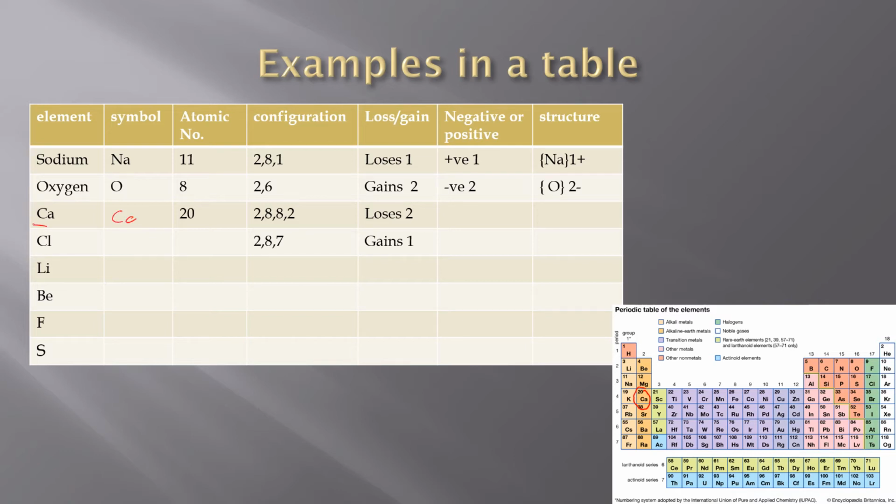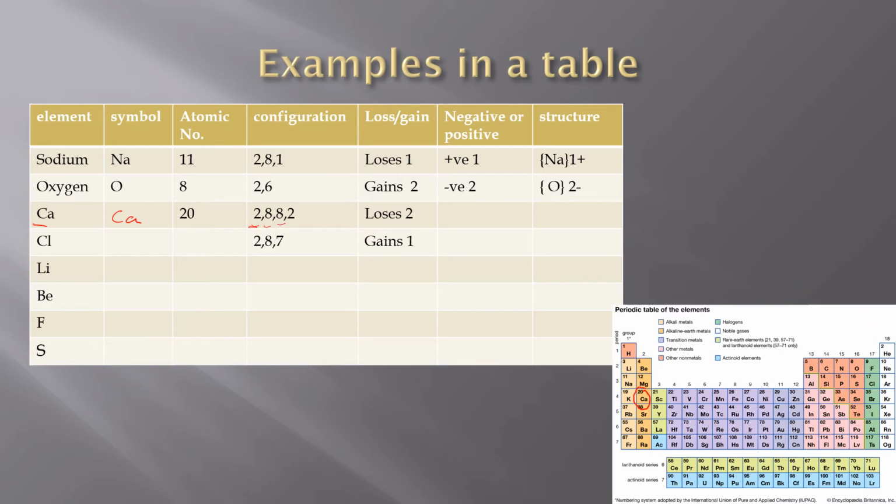Symbol Ca. Atomic number is 20, as you can see on the periodic table down the bottom there, and it's written in the table. So if it's 20, that means it's got 20 protons, which means it has 20 negative charges, so 20 electrons, 2 in the first level, and then 8 in every level after that.